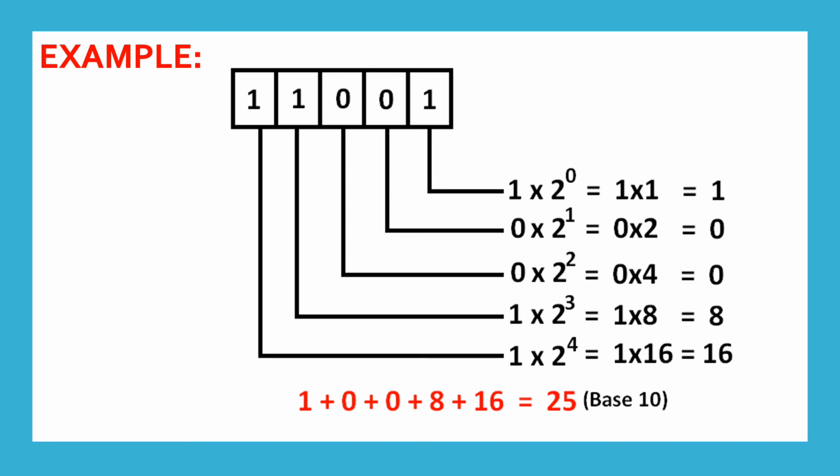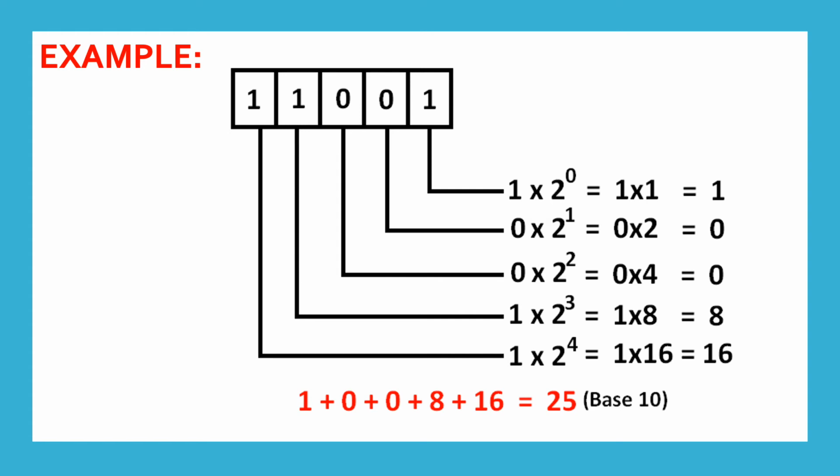Then the next digit will be multiplied by 2 raised to power 1. Then the next 0 will be multiplied by 2 raised to power 2. We will keep on increasing the power by 1. The last digit is multiplied by 2 raised to power 4.